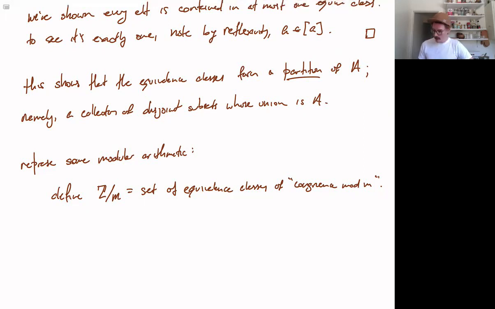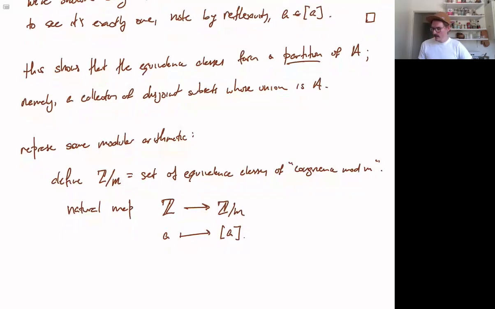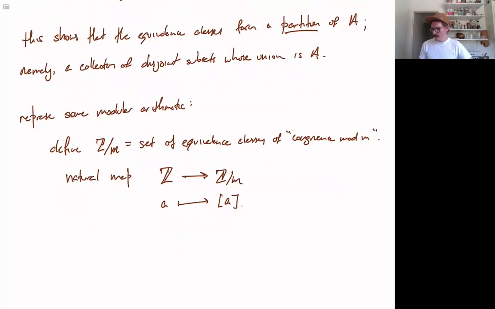And we have this natural map from the integers to Z mod M. And now we can just write this as an element of the integers maps to the equivalence class of that element. So as you can see, this is a very clean way to write this theory.